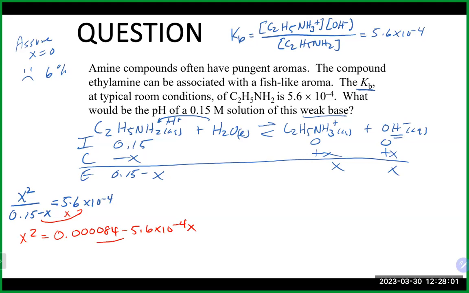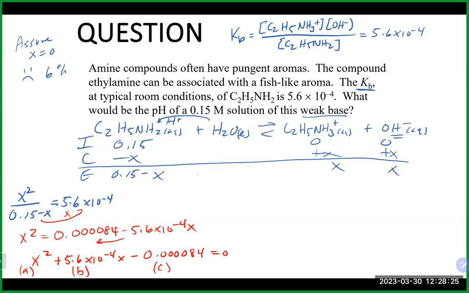That means I'm going to bring everybody on this side over there to the left. And that's going to give me x squared plus 5.6 times 10 to the minus 4 x minus 0.000084, not missing a 0, equals 0. That again is going to give us our A, B, and C here that we need for our quadratic.